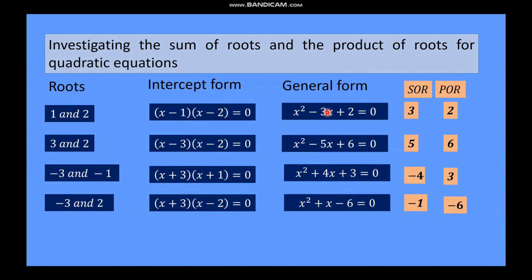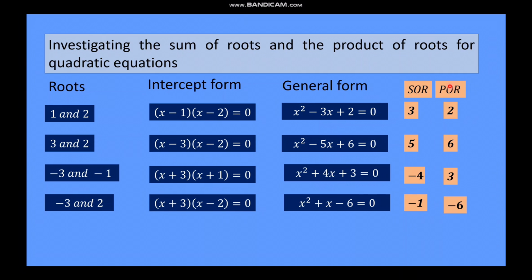We can see that the sum of roots is written as the coefficient of x, but with the opposite sign. When the sum is positive, it's written as minus. When the sum is negative, it's written as plus. It's the opposite sign.